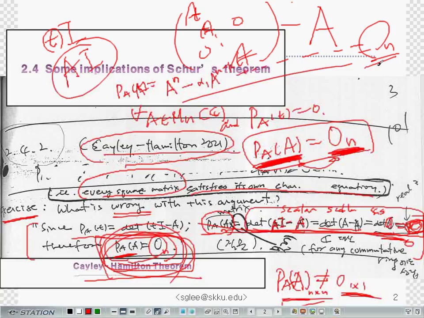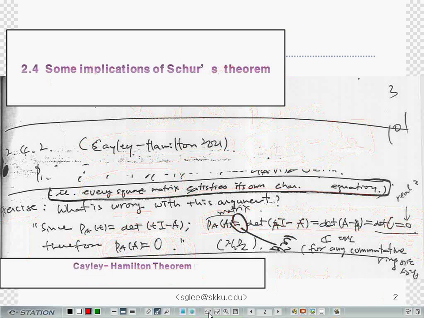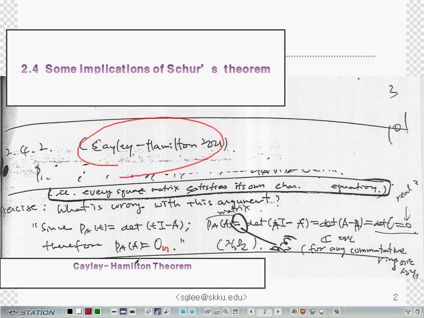You have to distinguish scalars from vectors and matrices. Okay, you see the difference? Here, as I told you, the Cayley-Hamilton theorem says this matrix is the same as this matrix, not a real number or scalar.